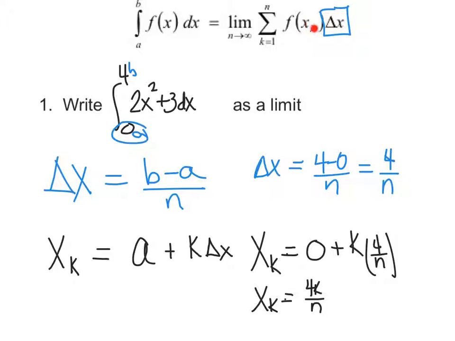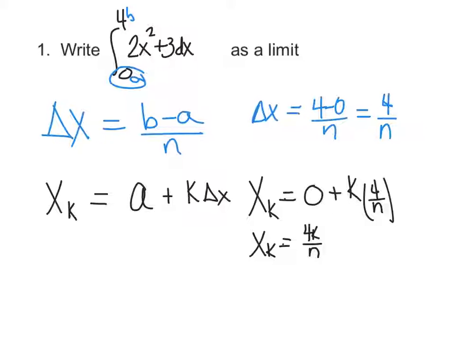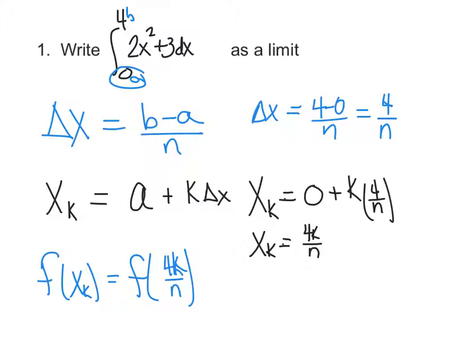Now all I found was x sub k. Now I need to evaluate f of x sub k. So that's my next step. What is f of x sub k? So I'm really asking what is f of 4k over n. Sorry for the squeaky pen. So I'm going to substitute my 4k over n into this function any place I see an x.